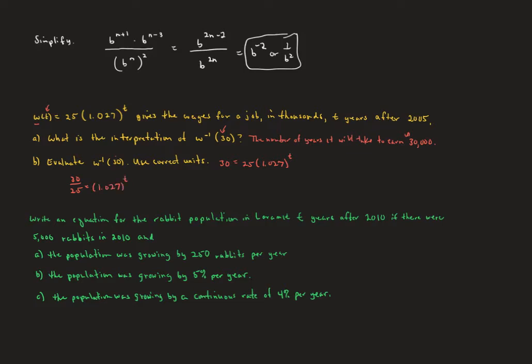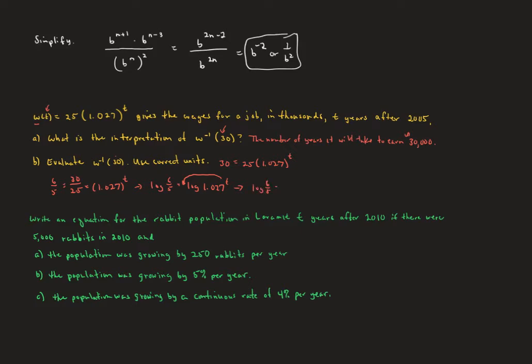So I'm going to divide the 25 over. You don't have to, but you can reduce that. So 5 goes into 30 six times and into 25 five times. It's going to go on to our calculator in a moment anyway. Then we can take the log of both sides. So that's the log of 6/5 will be the log of 1.027 to the t. We can use our properties of logarithms, if you recall, and move that t out in front.